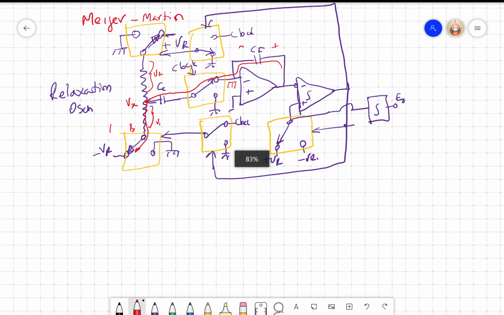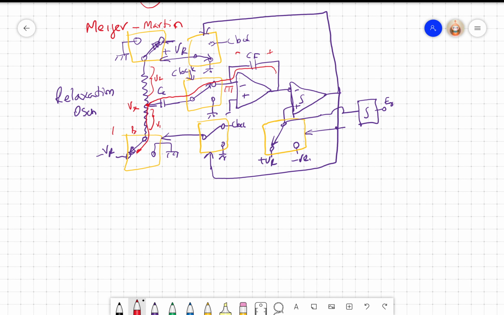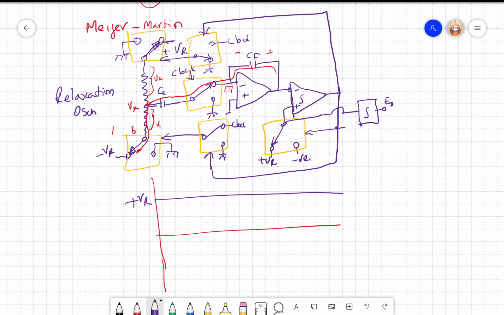Let me reduce this, so this is plus VR, this is minus VR. I arbitrarily choose some point, capacitor will get charged.